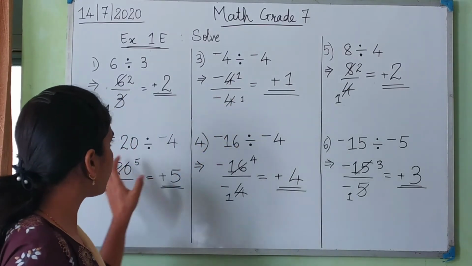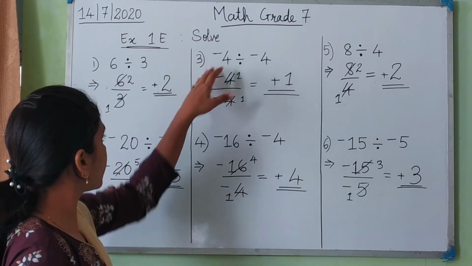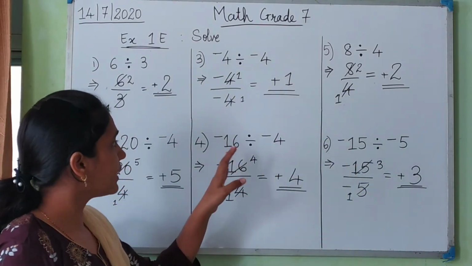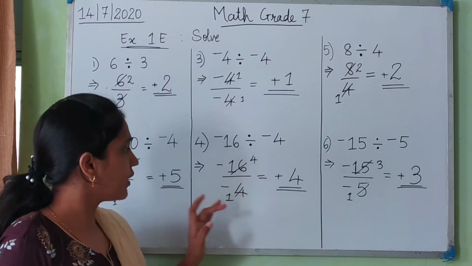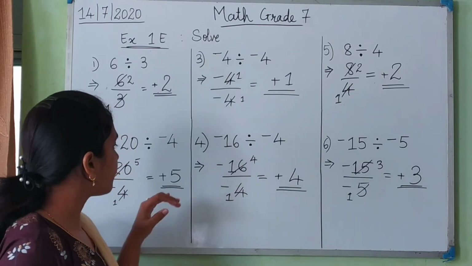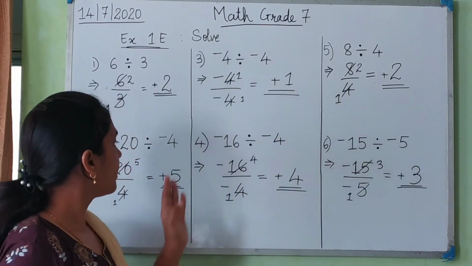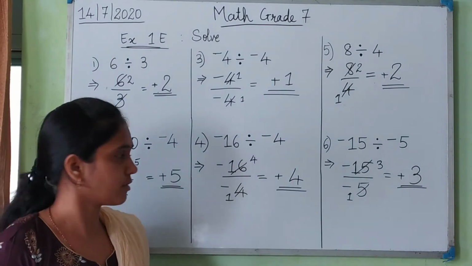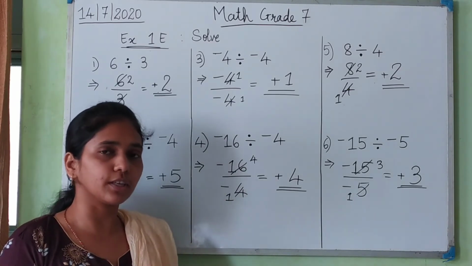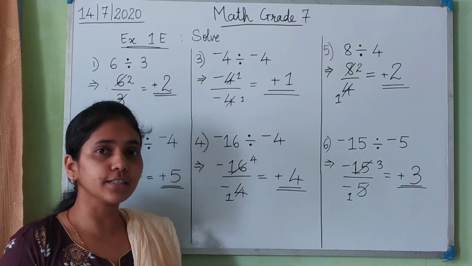And even if both the numbers have negative signs, that means in all these examples, second, third, fourth and sixth, both the numerator as well as the denominator were negative, the final answer is positive. So this is a trick: if both the numbers have the same sign, then the sign of the final answer is positive.